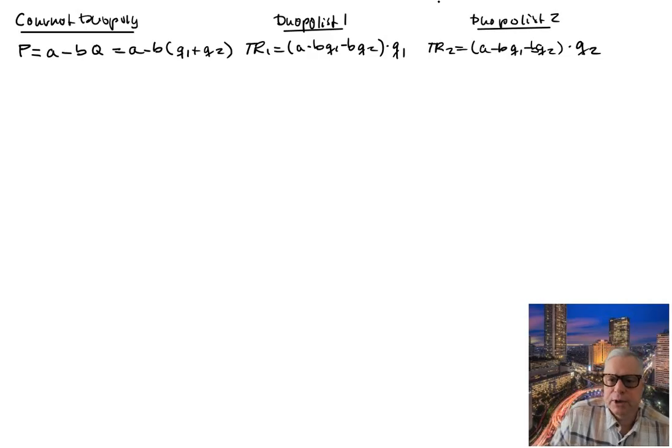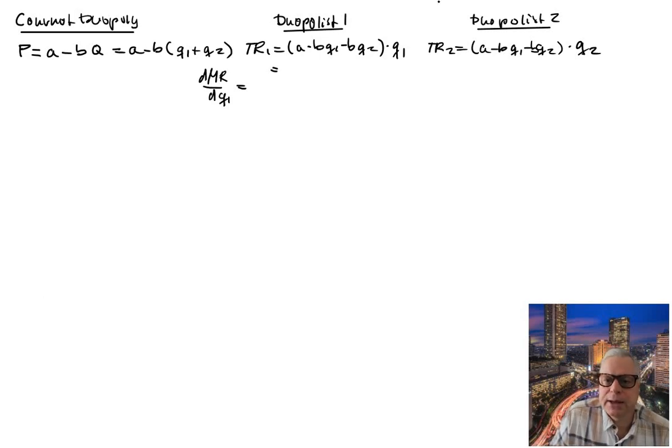Then we take a look at the marginal revenue. The marginal revenue is the first derivative of the total revenue, so we will do marginal revenue with respect to Q1. Maybe I should have first multiplied through.